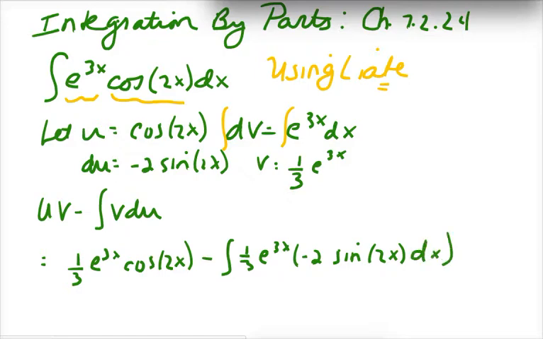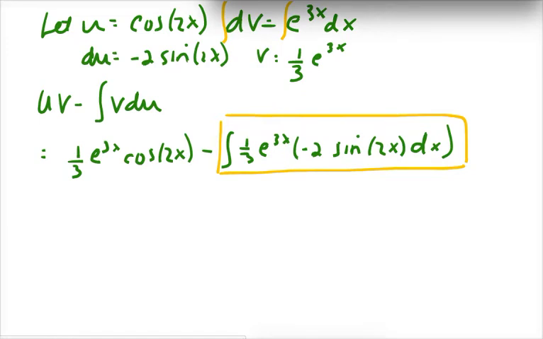So unfortunately, that integral, and we'll clean it up algebraically, didn't get very much simpler, right? It didn't improve too much. So we need to continue to work on this and see where we're going to end up. So this is equal to 1/3 e to the 3x cosine of 2x minus, there's a negative sign and a negative sign, so I'm going to make it a plus.